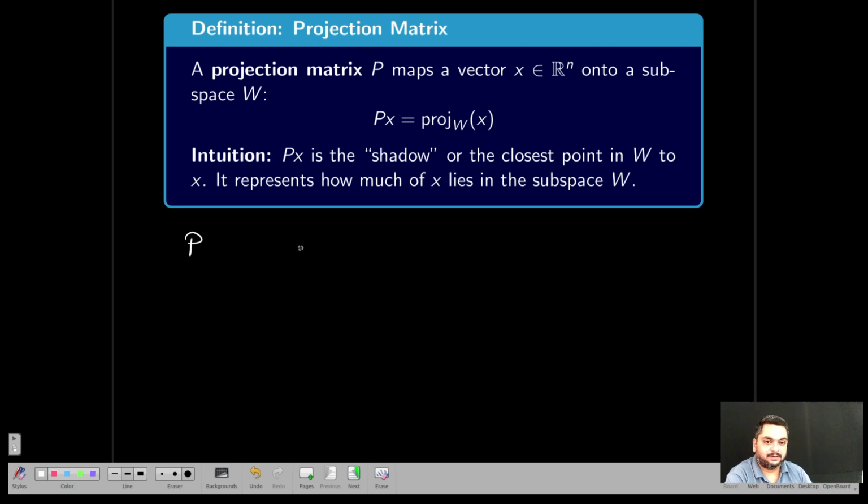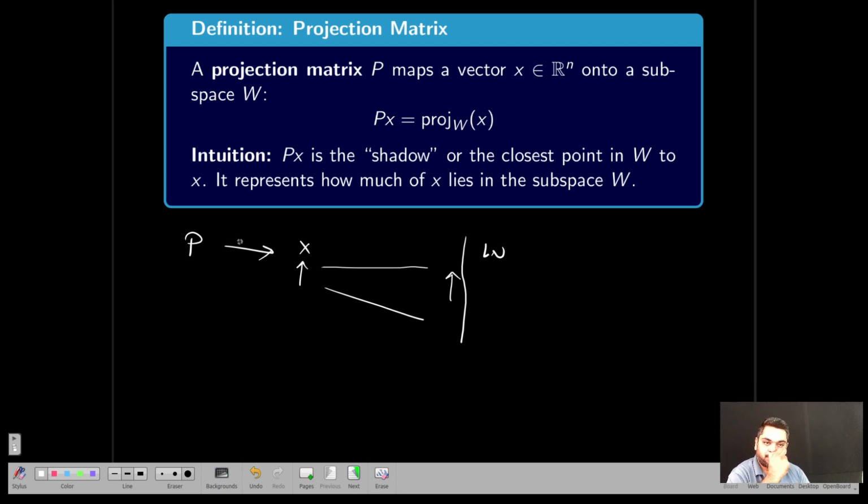There is a vector X, and then there is a projection subspace, which is called W. And how does this look? X is projected on W. You can just imagine this W, the subspace, and then you have a matrix. When I apply this matrix to X, where X is some vector, it maps this onto the subspace W. So this is called the concept of projection.